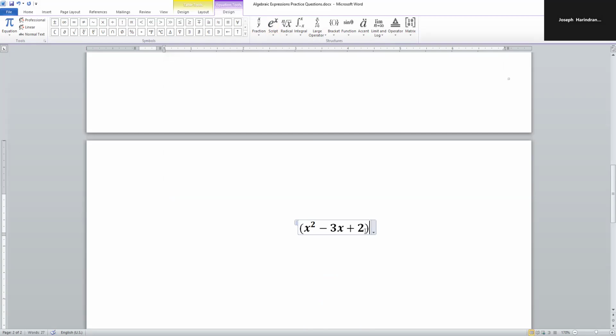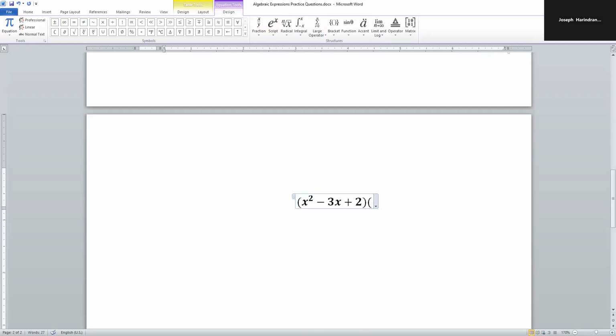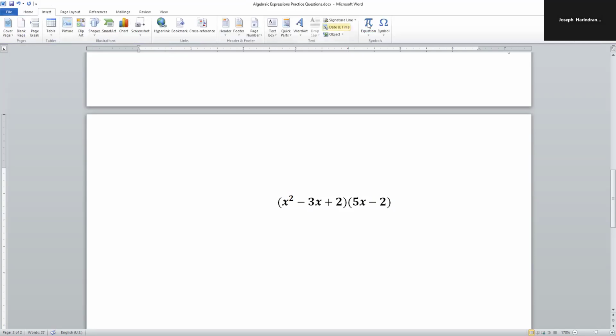Then we'll put a minus 3x, again into 5x minus 2. Plus 2 into again 5x minus 2. That's all. It is just as simple as that. This is how the distributive property works.